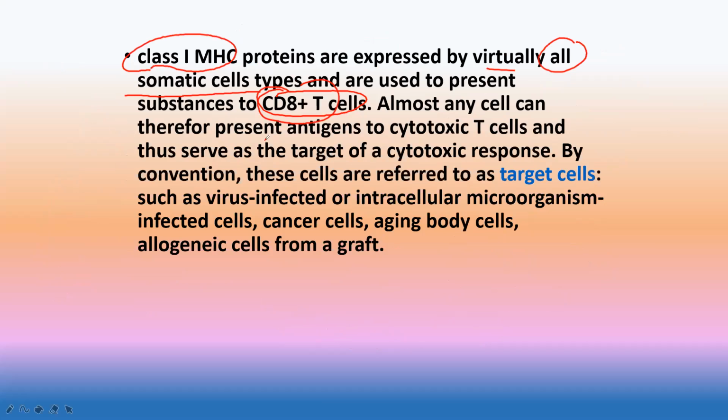It means all our body cells can present antigen. But body cells are not professional antigen presenting cells. Professional antigen presenting cells are very specialized and expert: dendritic one, macrophage two, B cell three.